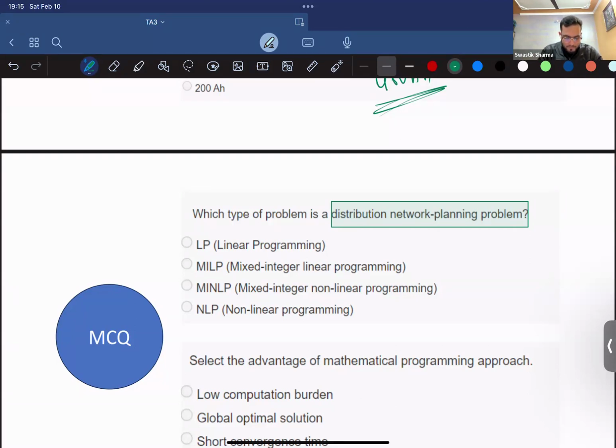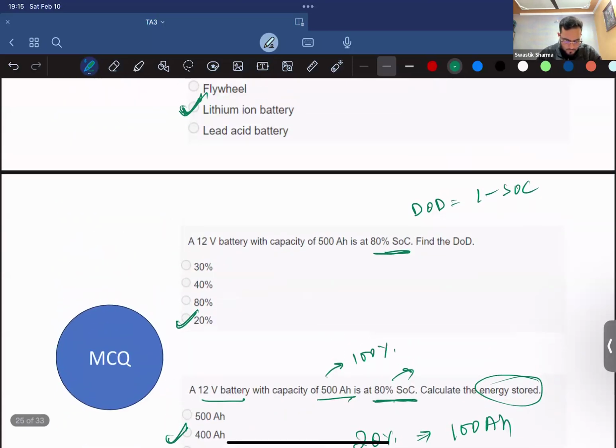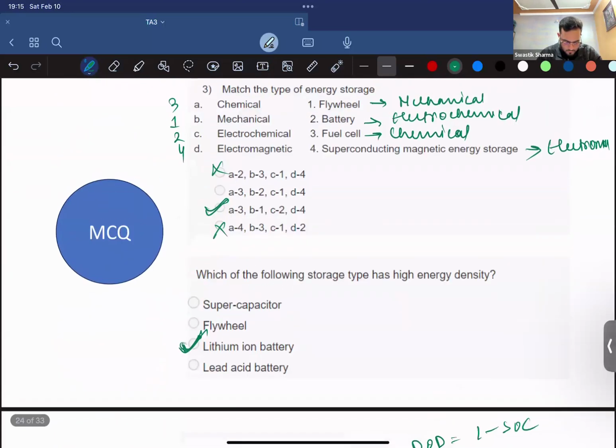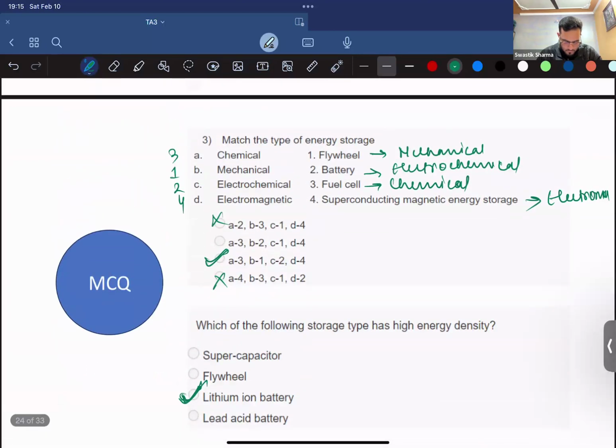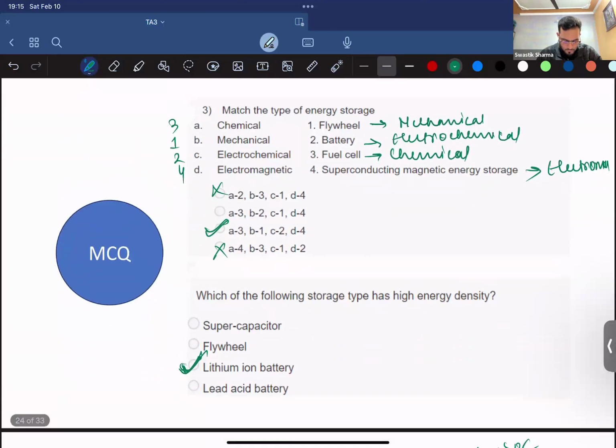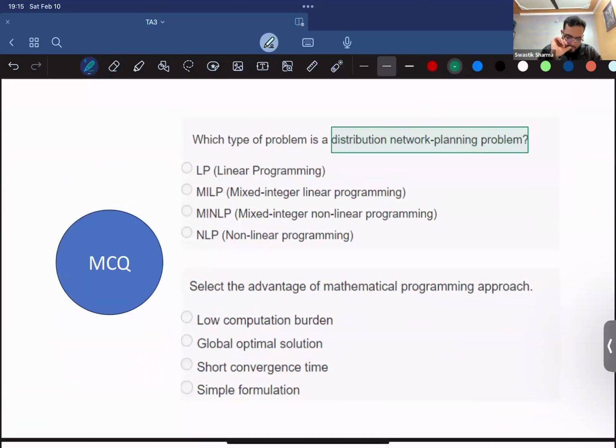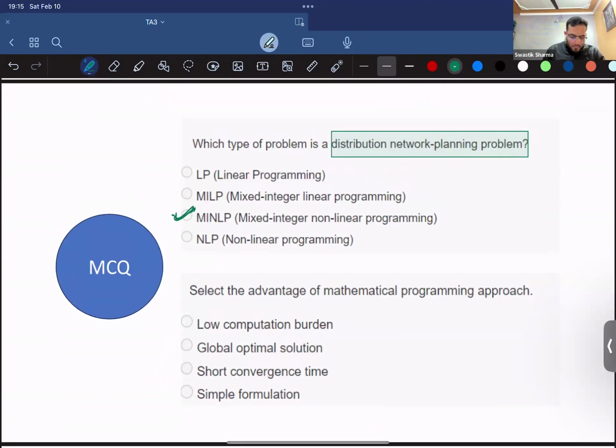Can anyone tell me? Okay, yeah. So I told in the class it's mixed integer nonlinear programming.